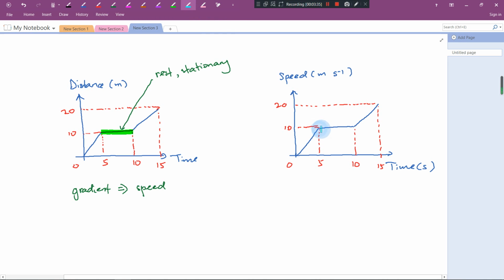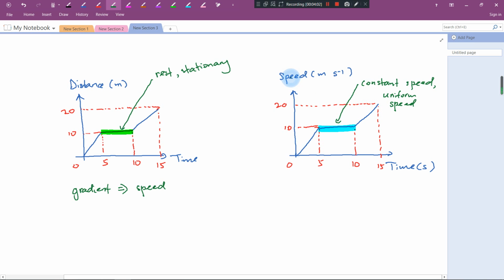Okay, this part. Constant speed. The particle is still moving, but moves at a uniform speed. Constant speed or uniform speed. After that, the speed of the particle increases again, becoming faster and faster.